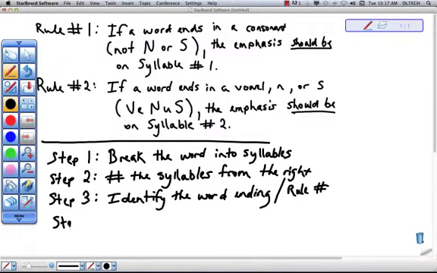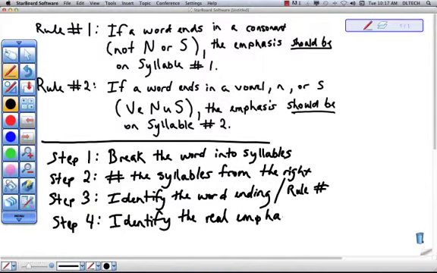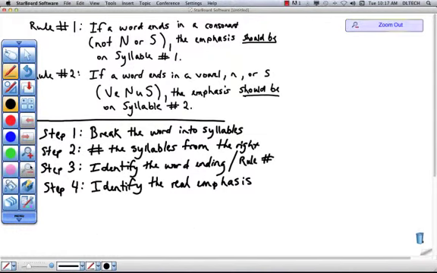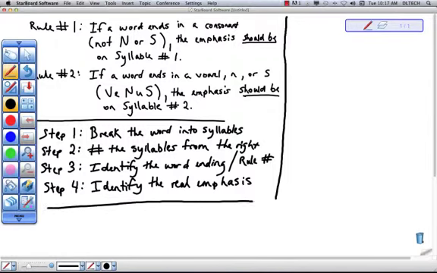Step 4, identify the real emphasis. Okay, now we're going to take a bunch of examples, and by the end of this, it'll all make sense, I promise. All right, so here we have our rules.